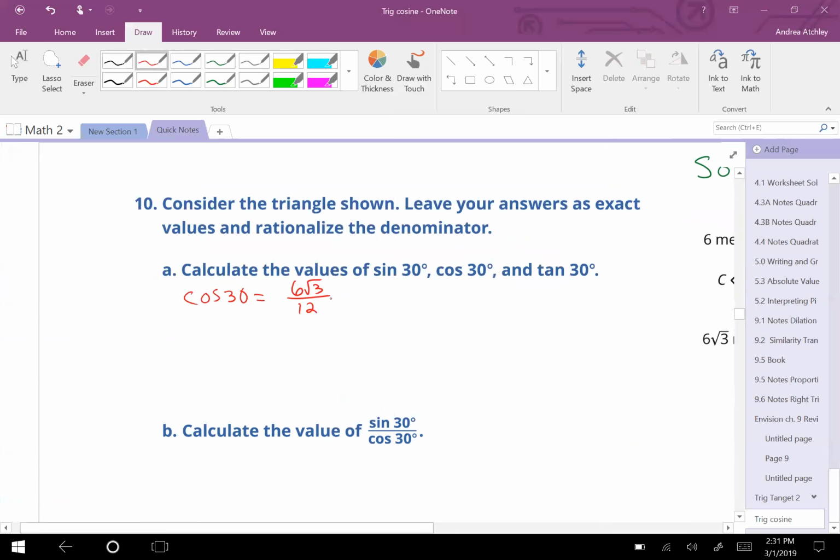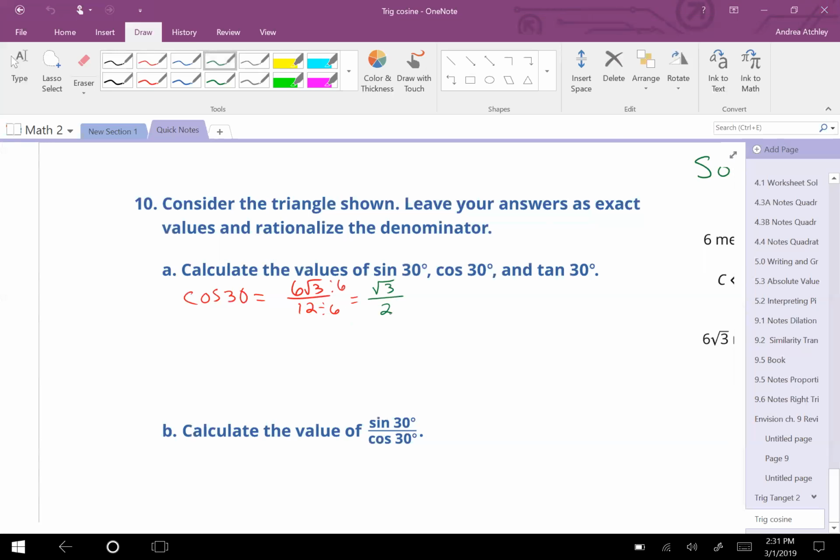Okay, we do have to reduce. They can both be divided by 6. And then 6 radical 3 divided by 6 is just radical 3, and 12 divided by 6 is 2. So square root 3 over 2.